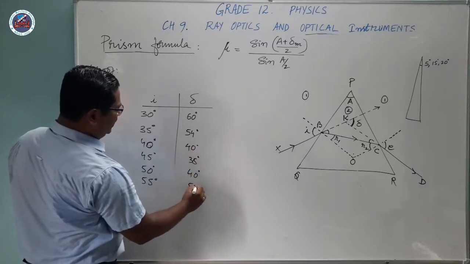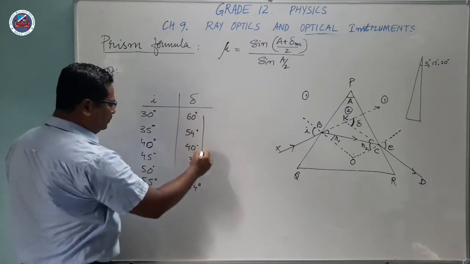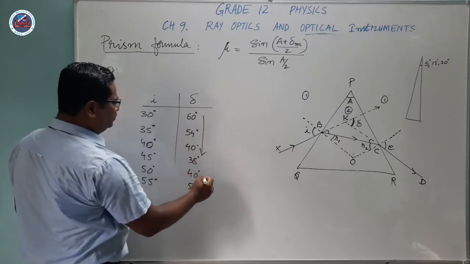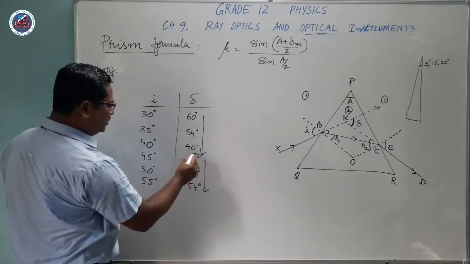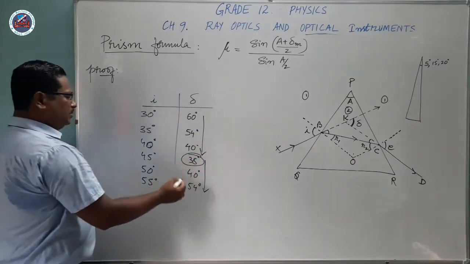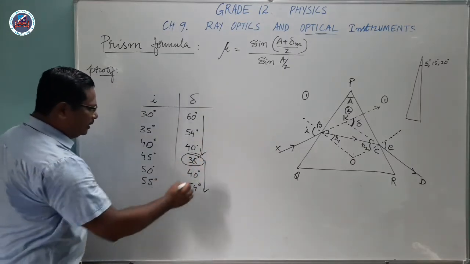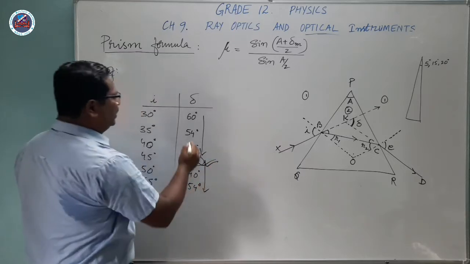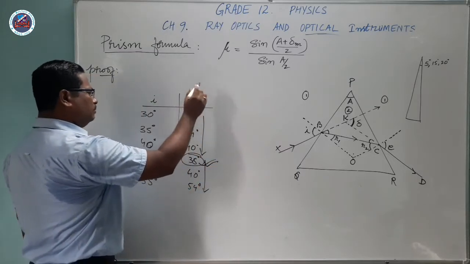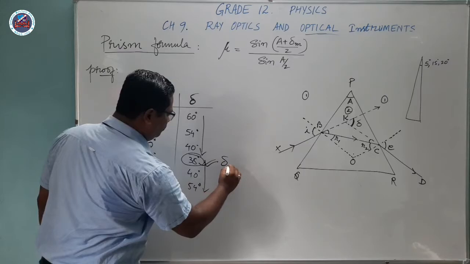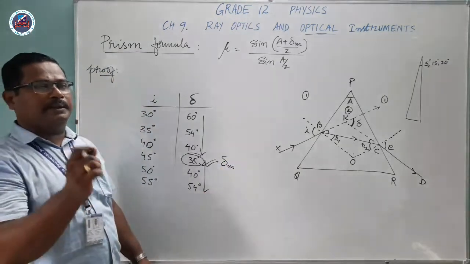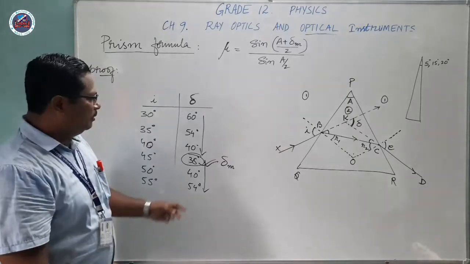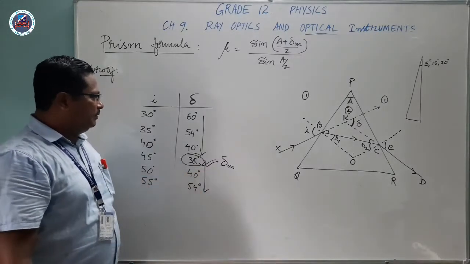First it will decrease, reach a minimum value, and after that become more and more. This minimum angle, we call the angle of minimum deviation. The least deviation produced by a prism is called the angle of minimum deviation.